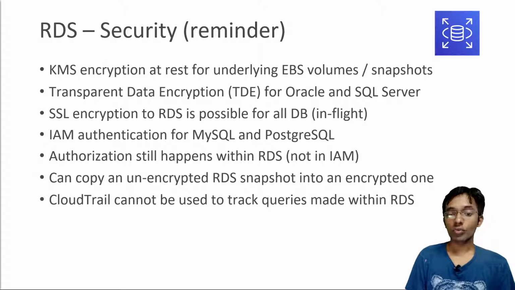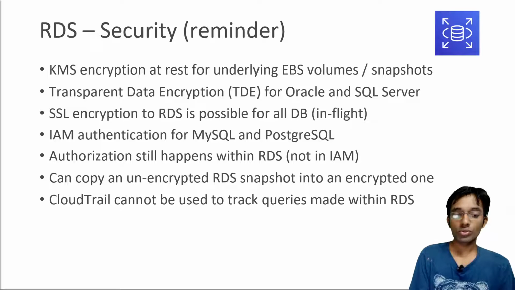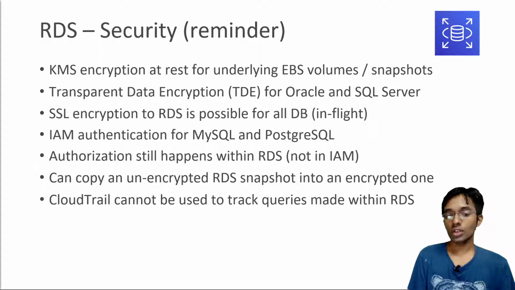IAM authentication only works for MySQL and PostgreSQL, and it covers authentication only. Even though you are authenticating with IAM, authorization still happens within RDS. So you still need to define what users can and cannot do inside of your RDS database. IAM cannot help you with that.